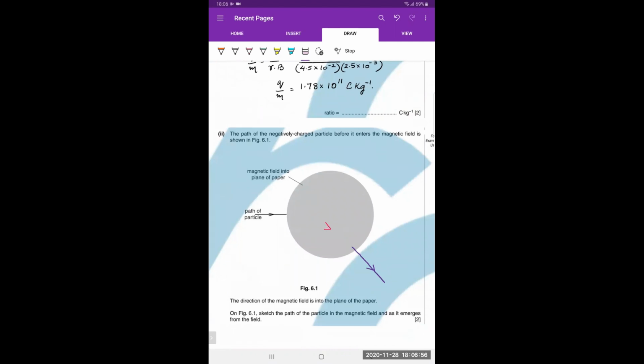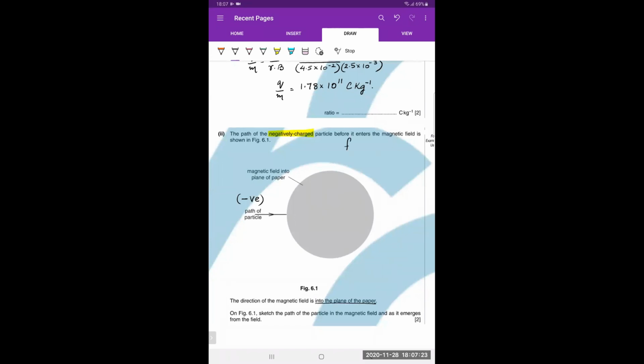Read it. It says the path of negative charges. So this is the path of negative charge before it enters the magnetic field. The direction of the magnetic field is into the plane of the paper.